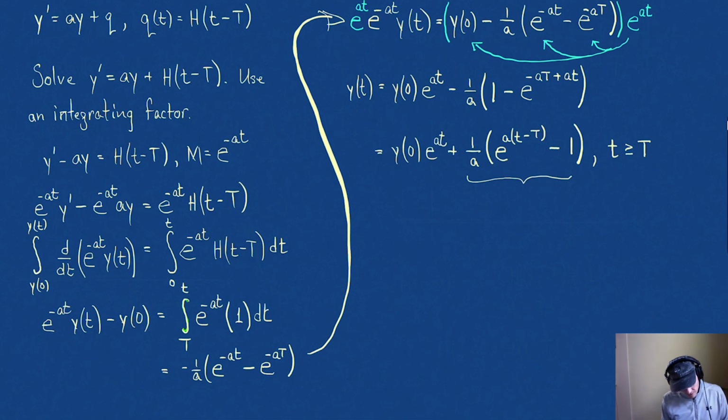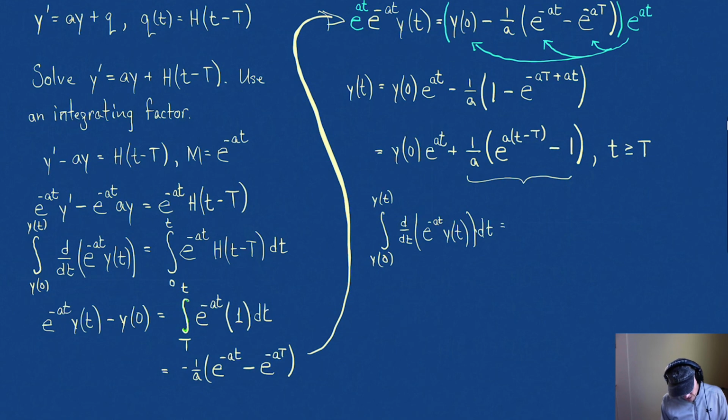Notice this. Let's look at our original problem when we wrote it out. It was the integral from y of 0 to y of t, derivative with respect to t, of e to the minus a t y of t dt.